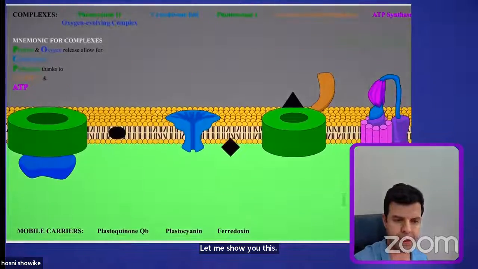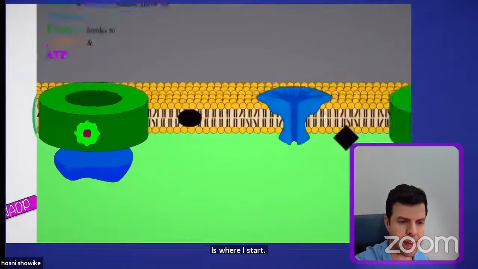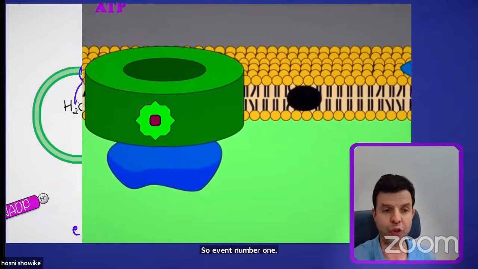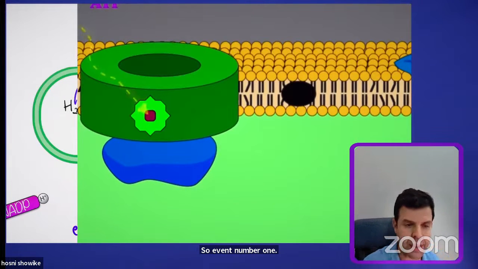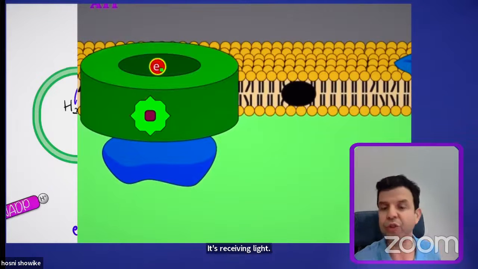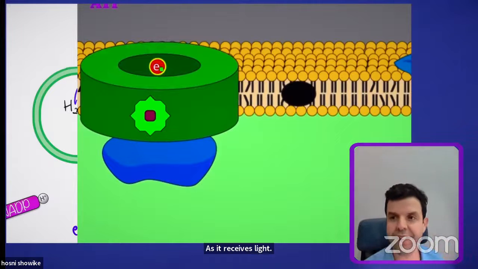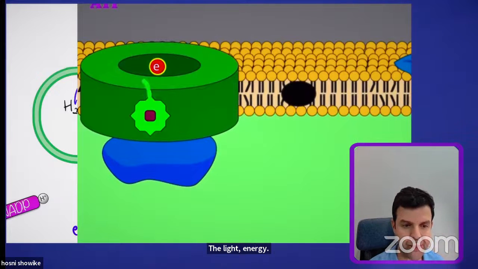Here is where I start. So event number one is the photosystem here on the left. It's receiving light, okay? As it receives light, the light energy will excite an electron, okay?